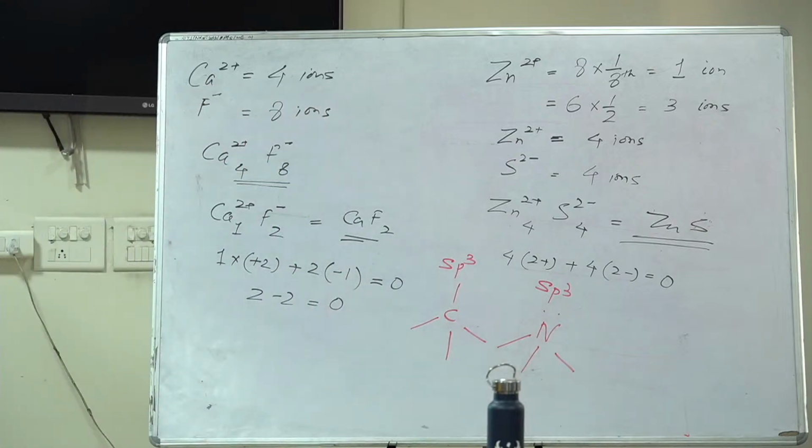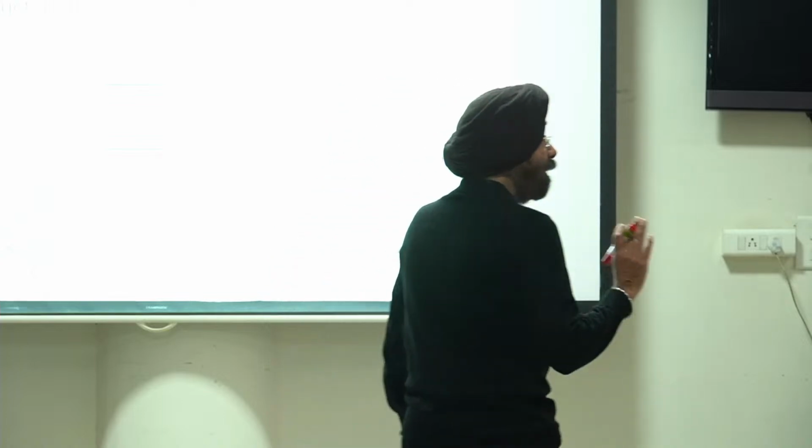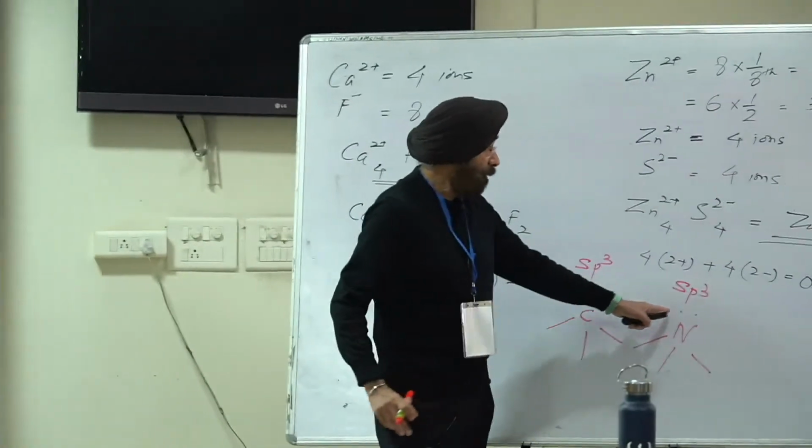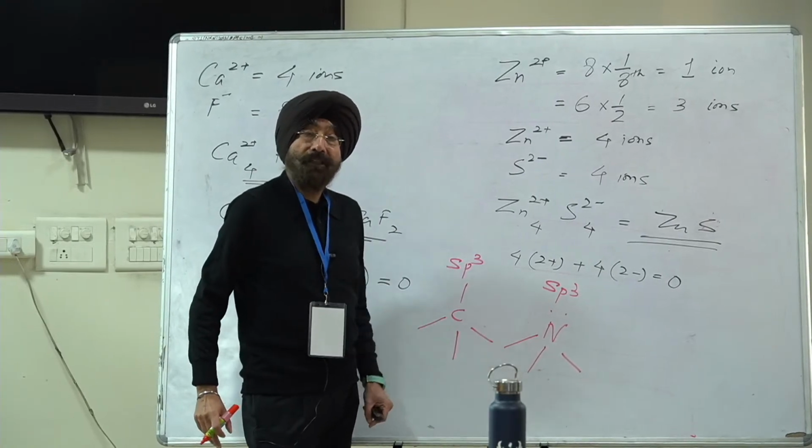So it means that whenever the central atom possesses a lone pair, the lone pairs are counted as bond positions, right? Do not exclude them. So there is a fourth position available, though it is not occupied, and that is why it is still sp3.